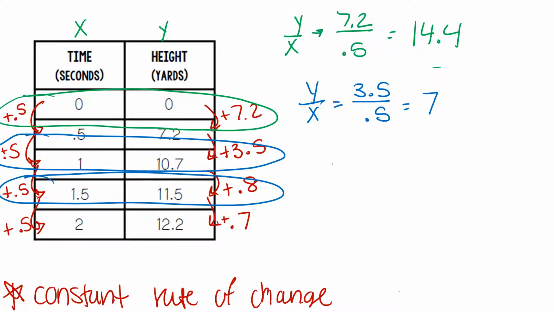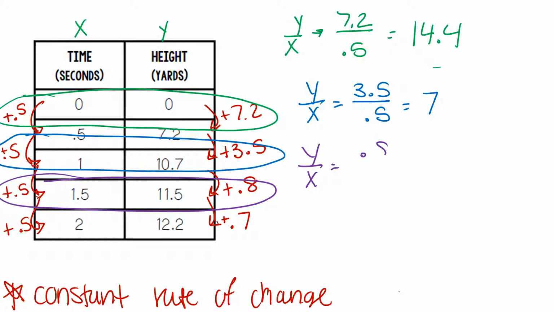Looking at the third section, y over x, we have 0.8 over 0.5. 0.8 divided by 0.5 is 1.6. And the last section down at the bottom, y over x, we have 0.7 over 0.5, which is going to give us 1.4.